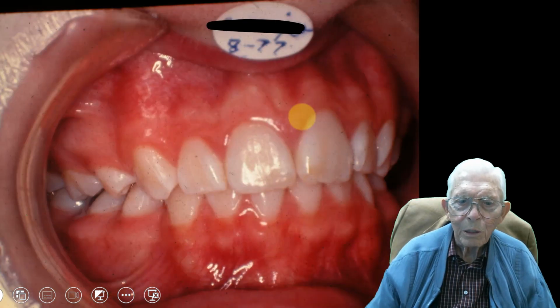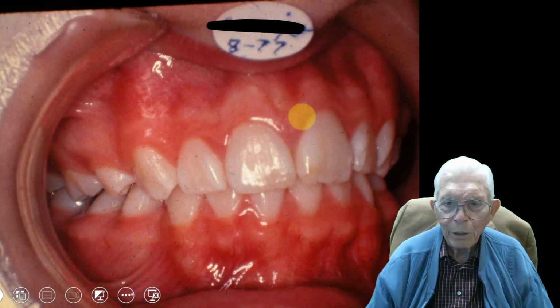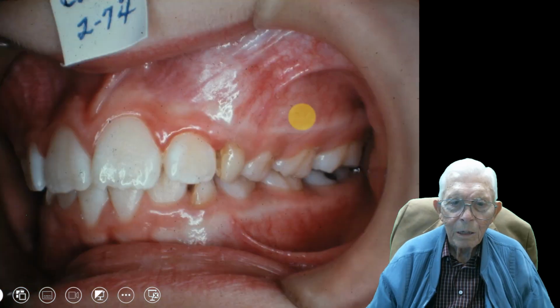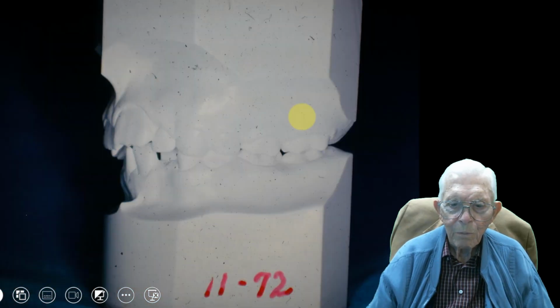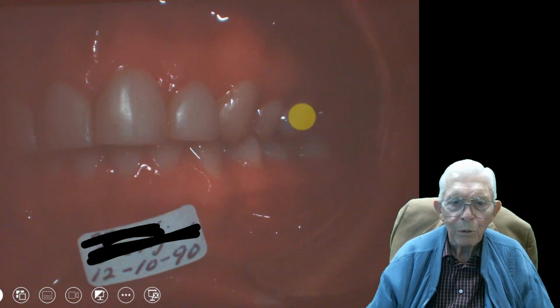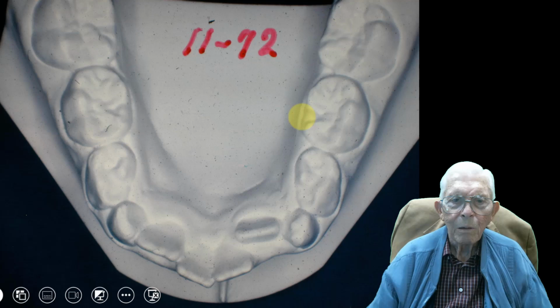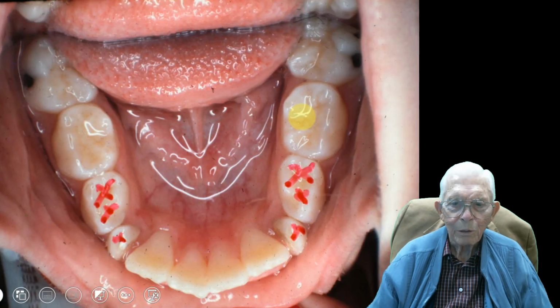We're going to cover that with the x-rays, and you'll see what we did. This is 12 of 90, after it finished. But here's 1972. Yeah, that's a sorry picture there. Now, let me get to the x-ray.